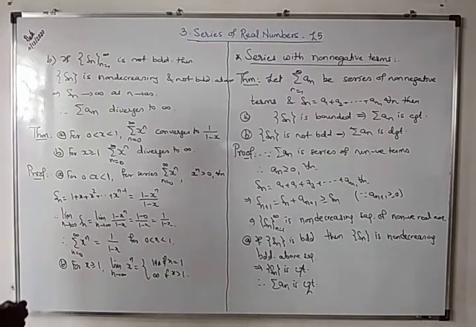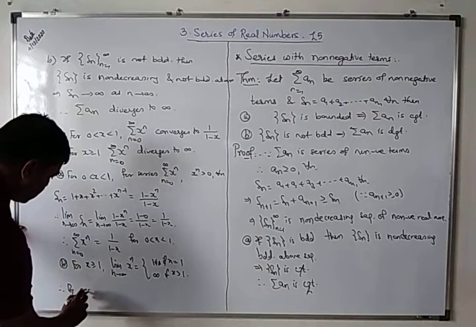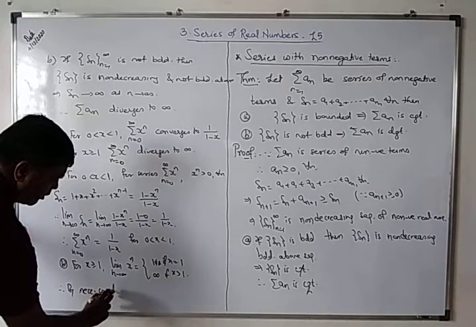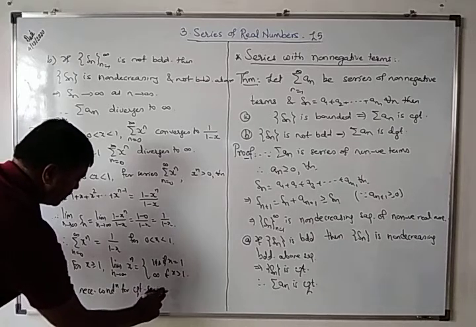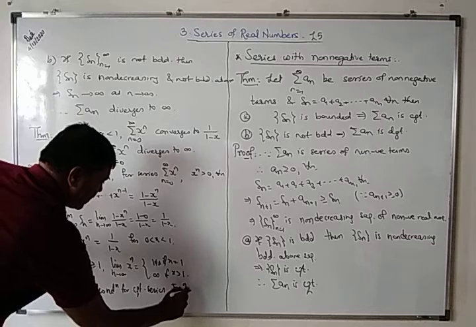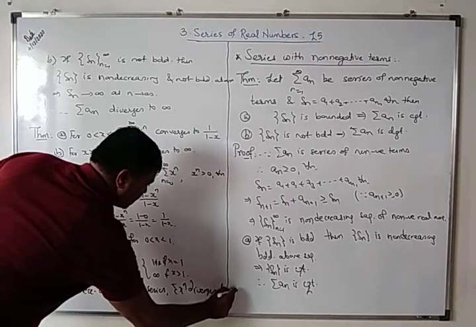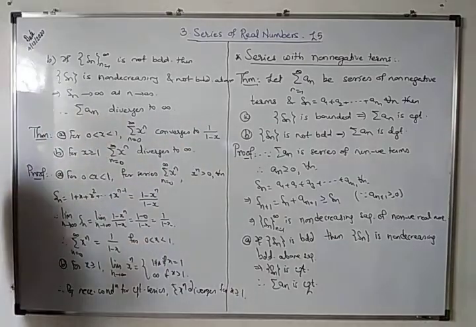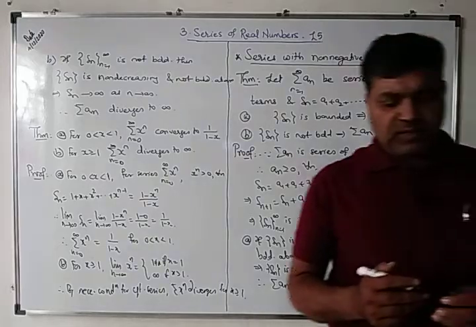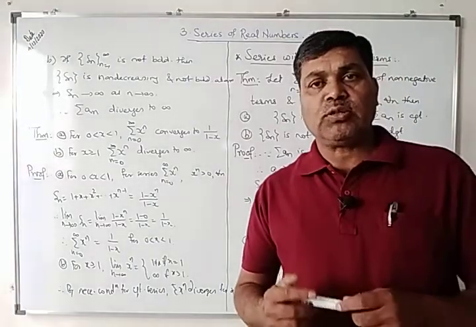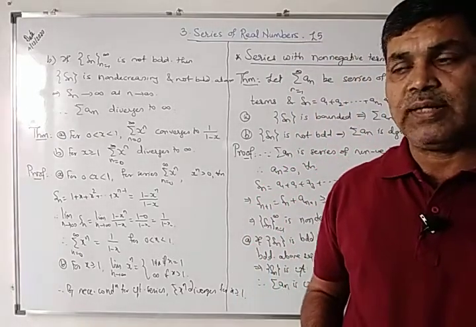Okay, and therefore by the necessary condition for convergent series, summation of x raised to n diverges for x greater than or equal to 1. So summation of x raised to n is convergent for 0 less than x less than 1 and diverges for x greater than or equal to 1. Okay.